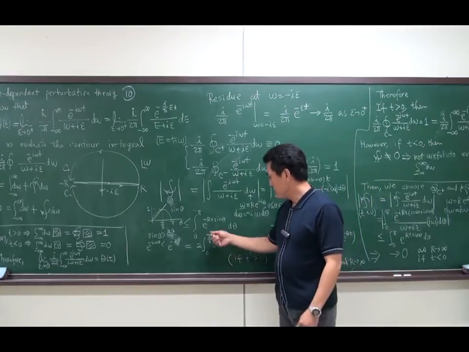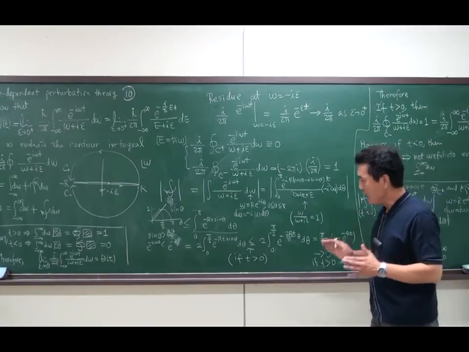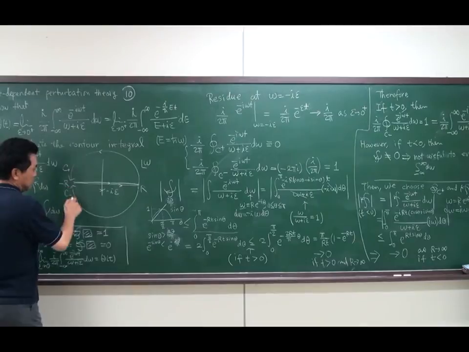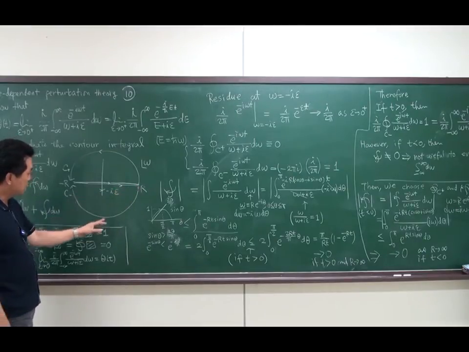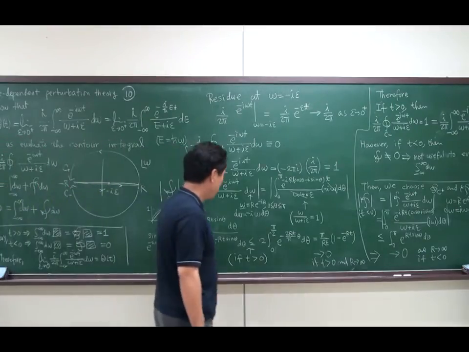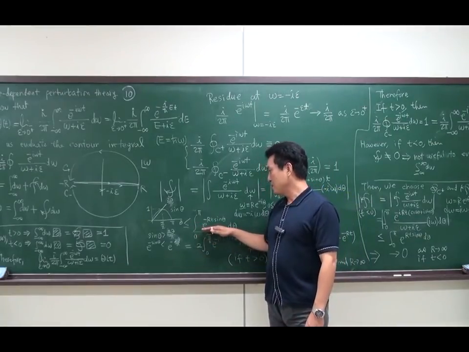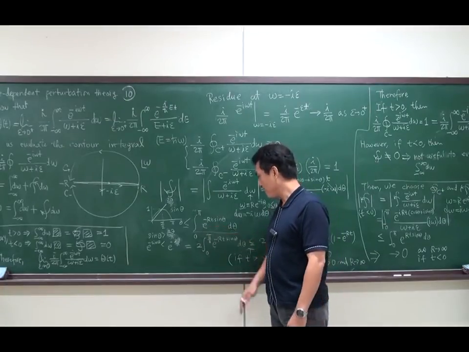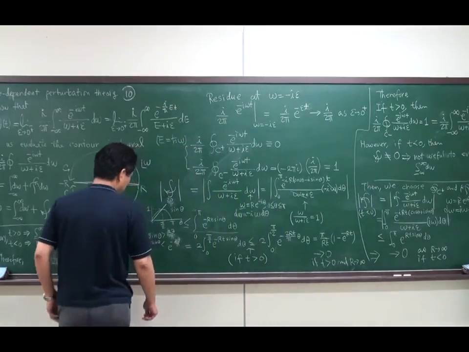We would like to evaluate that integral, but actually what we want to find is whether the integral along this path vanishes or not. If something else that is greater than this vanishes as r goes to infinity, that's fine. So we just make use of this fact.